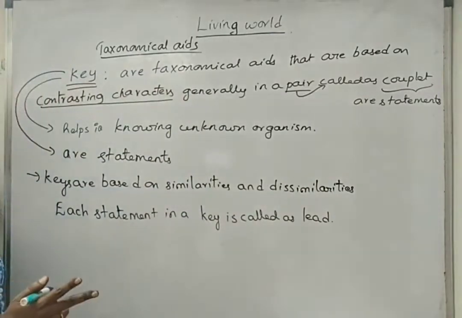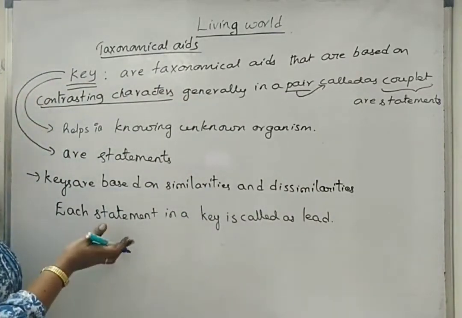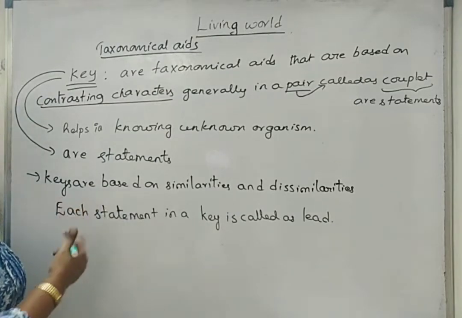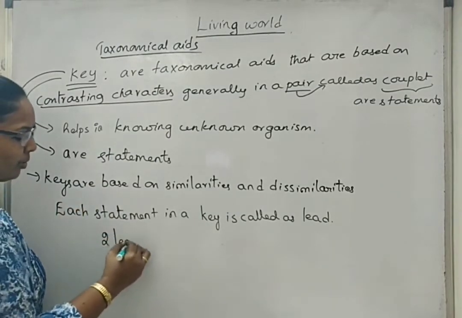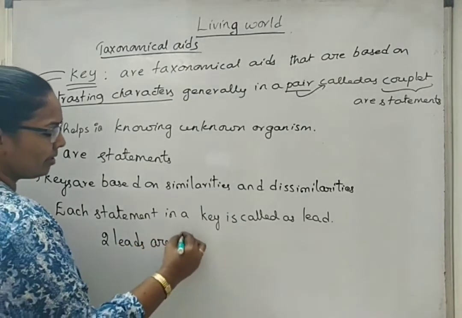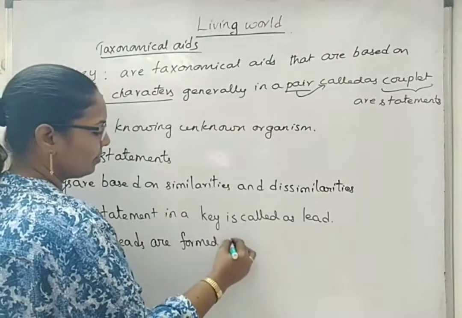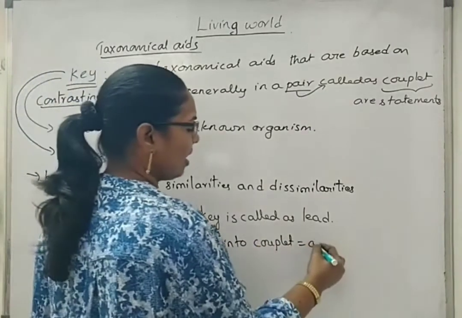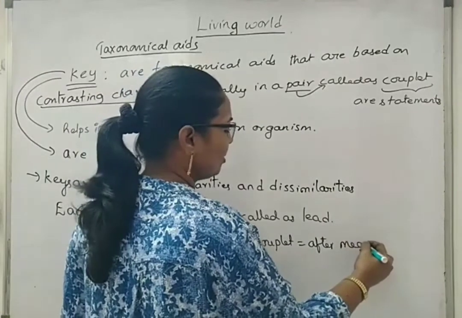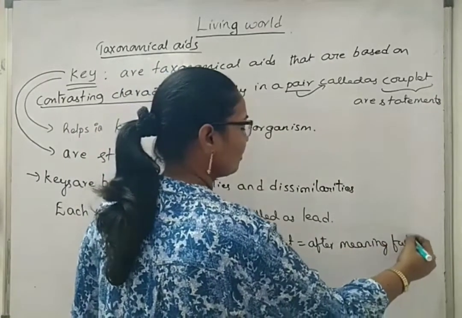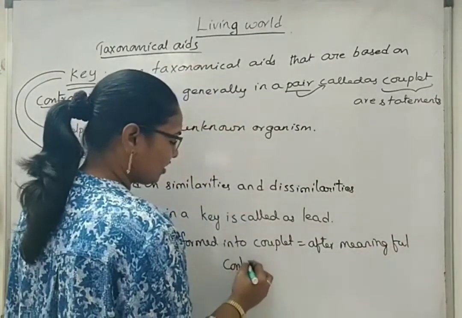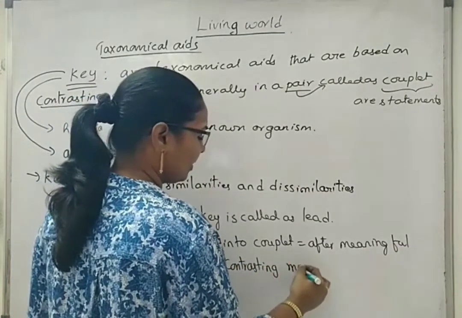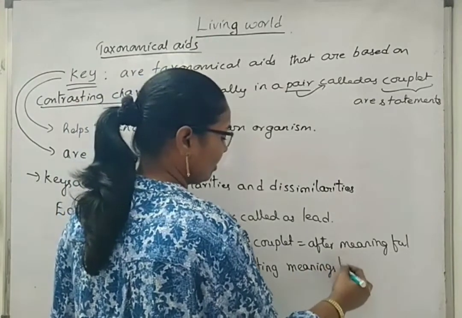Two leads are called a couplet. When they are showing the similarities and dissimilarities, the meaningful statements, then they are called a key. Two leads are formed into a couplet after meaningful contrasting characters. We can say contrasting meaning, then called a key.